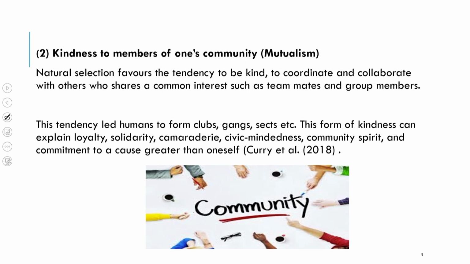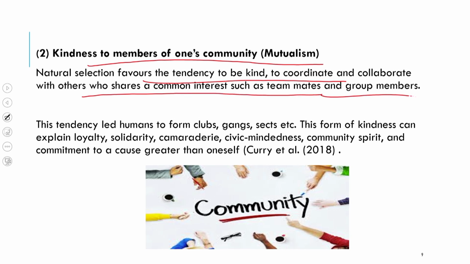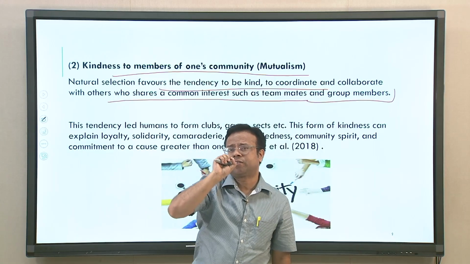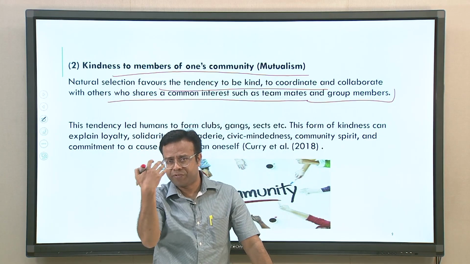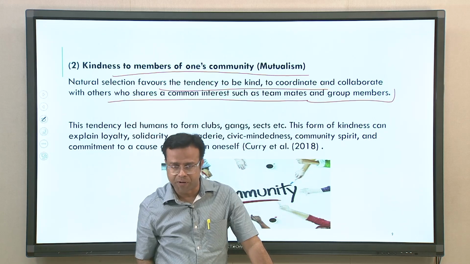The second is mutualism, which means kindness to members of one's community. Natural selection favors the tendency to be kind, and to coordinate and collaborate with others who share common interests, such as teammates and group members. So, this kindness gets a broader expression, from immediate family members to community members.